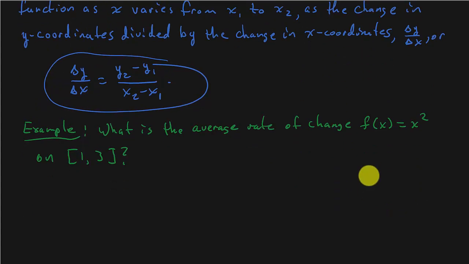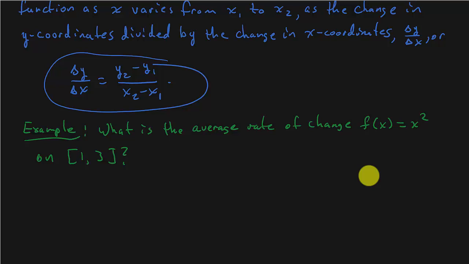So for this example here, let's take a look at it. It is asking us, what is the average rate of change of f of x equals x squared on 1 to 3? Okay, on 1 to 3.